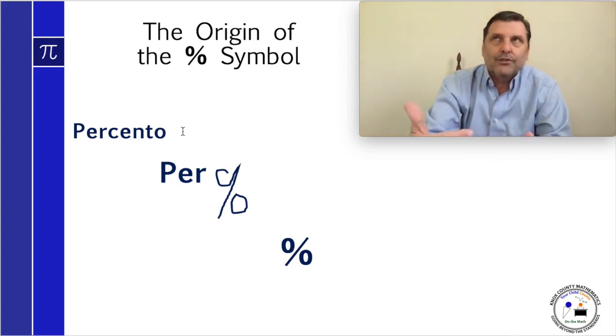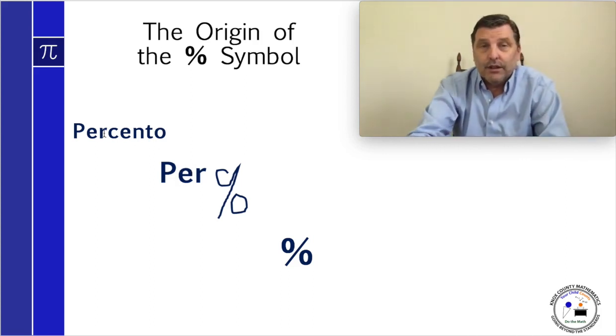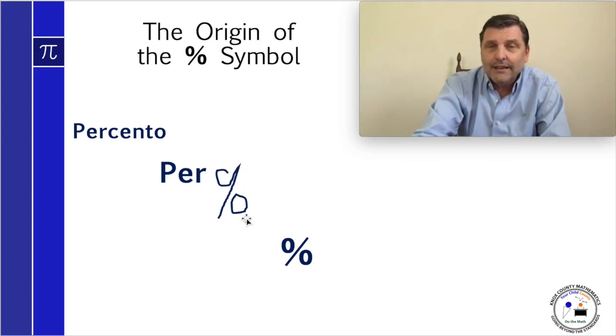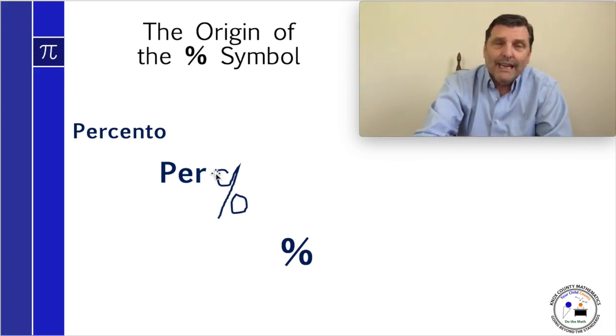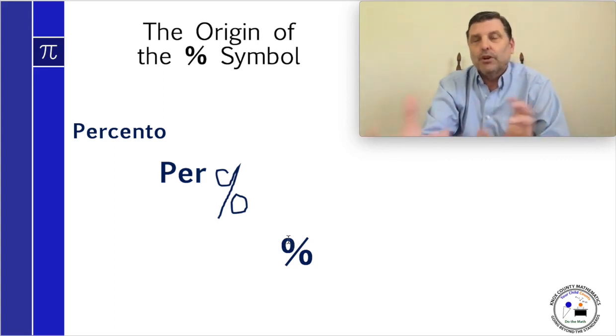Well, in early manuscripts in the 15th or 16th century, they started abbreviating it. So instead of writing out the whole word percento, they wrote per, and then a little C and O, with the C written almost like cursive, with a line trailing down, and then the O. Over time, the per got dropped, and they had just a C and the O, but that C almost became another O. So one of the rumors is it came from the cento part, the 100.